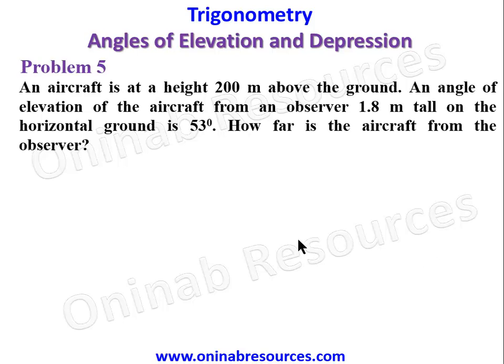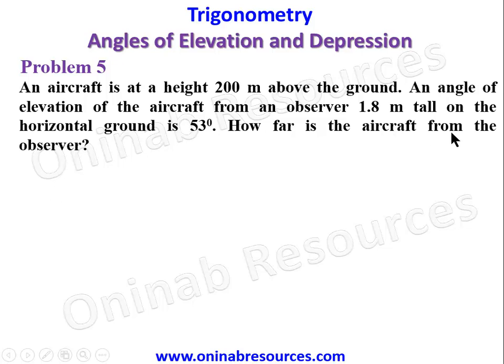For problem 5, an aircraft is at a height of 200 meters above the ground. An angle of elevation of the aircraft from an observer 1.8 meters tall on the horizontal ground is 53 degrees. How far is the aircraft from the observer?